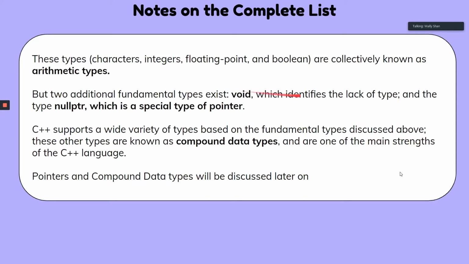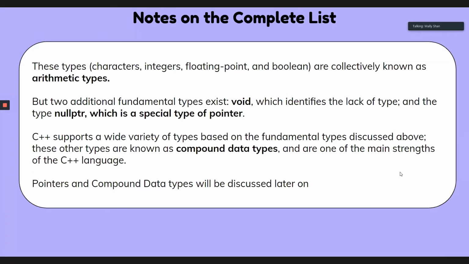And then another cool thing about C++ is that it supports fundamental types and the combination of those fundamental types. So later on, like I said, we'll be talking about strings. And strings are basically compound data types because they bring together a bunch of characters to make an actual word. So you remember how I said the variable type char is just basically a letter? That letter is just A, for example.